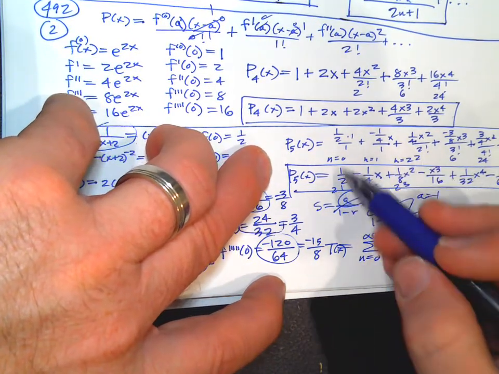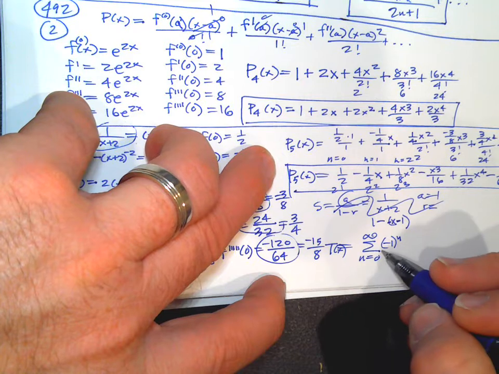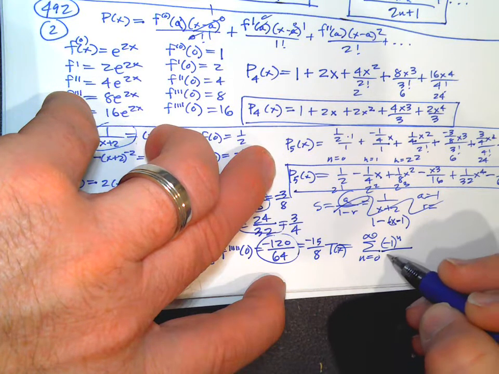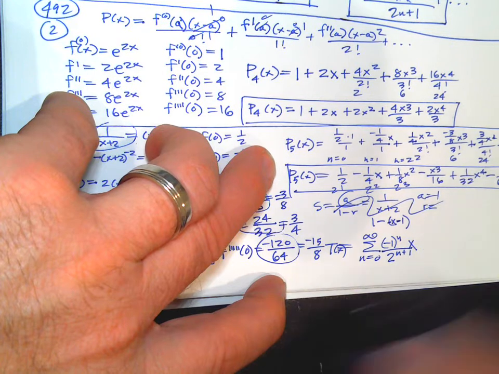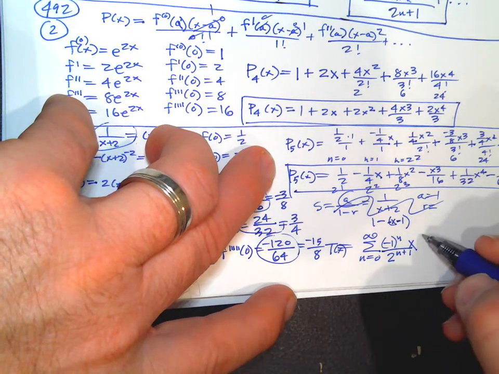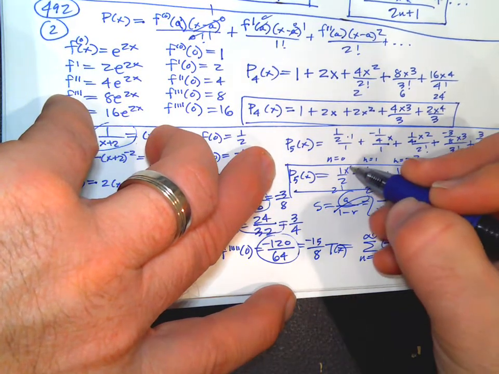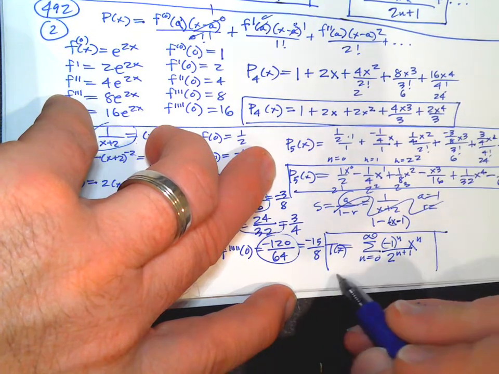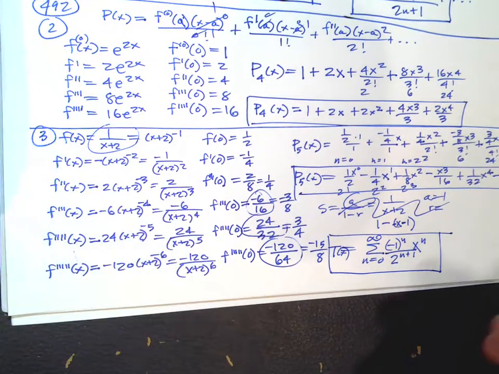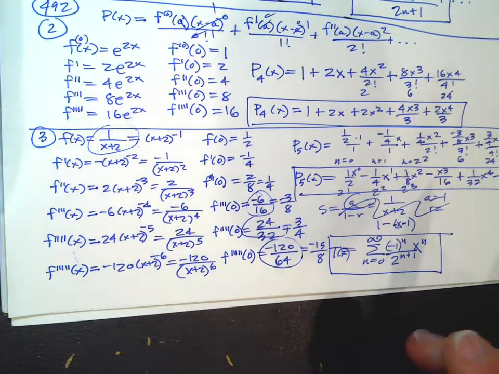So it's 2 to the power, 1 more than n. So it's 2 to the n plus 1. And then there's an x, x to the n. X to the 0, x to the first. So there's a bunch of patterns going here. This is the Taylor series. That's a fifth order Taylor polynomial.